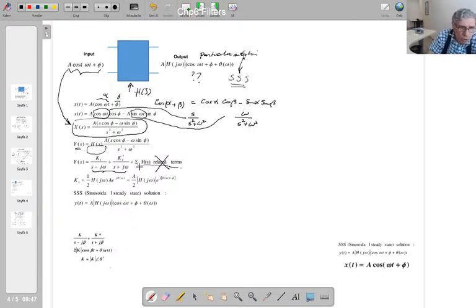The rule is this: we are going to multiply left hand side and right hand side with S minus j omega and replace S equal j omega. This is what I am going to do on the right hand side. I will be repeating the same thing on the left hand side. That means multiplied with S minus j omega and replace S with j omega.